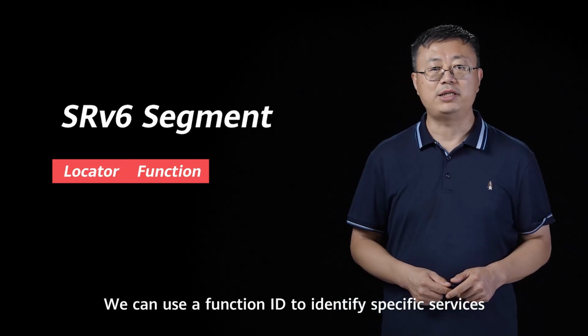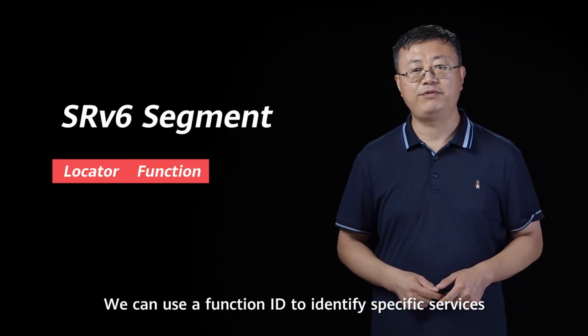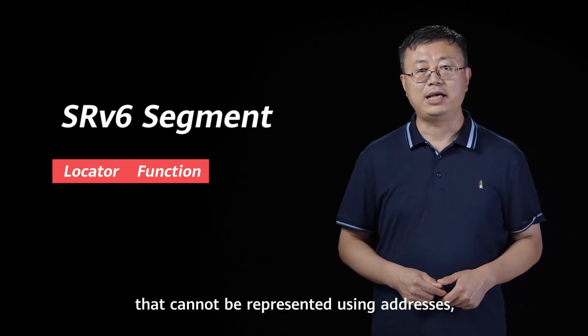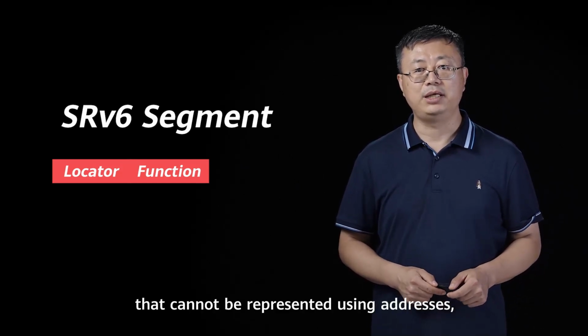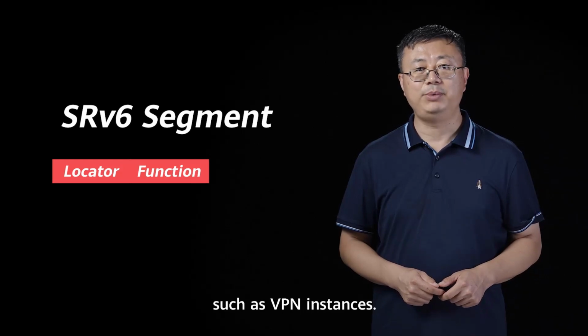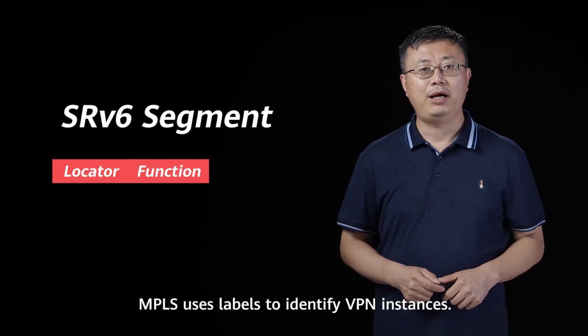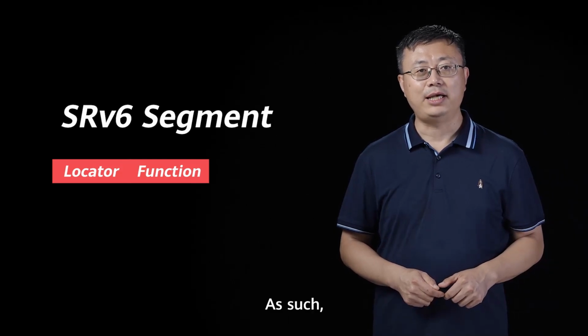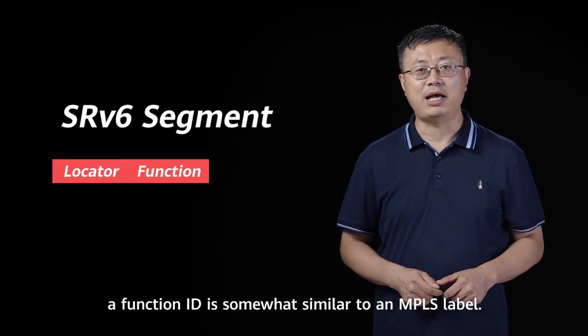We can use a function ID to identify specific services that cannot be represented using addresses, such as VPN instances. MPLS uses labels to identify VPN instances. As such, a function ID is somewhat similar to an MPLS label.